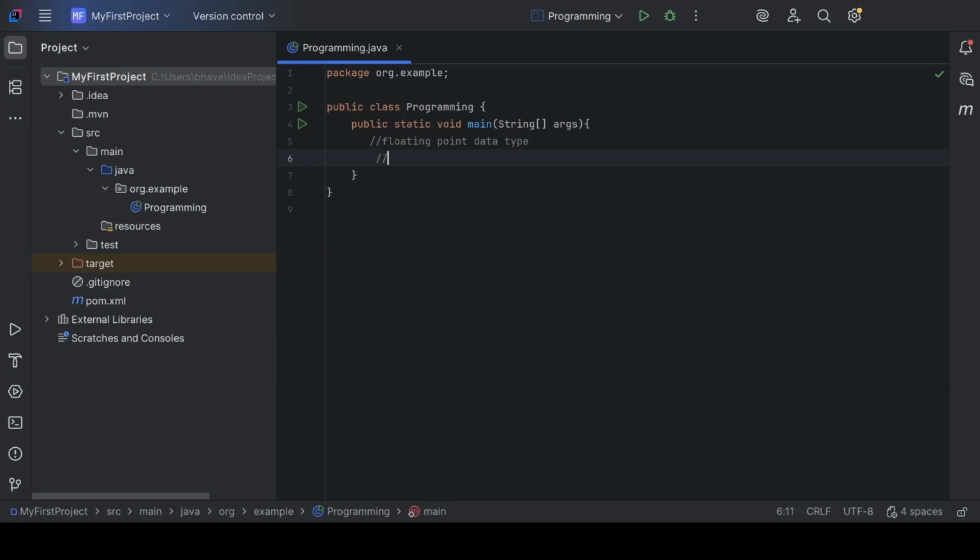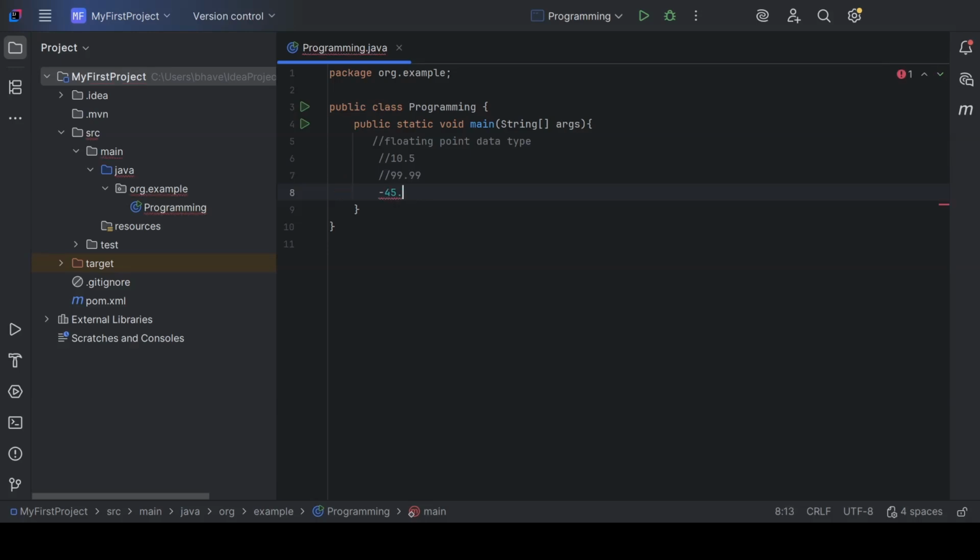For example, 10.5, 99.99, minus 45.75, and 3.14, 1598.